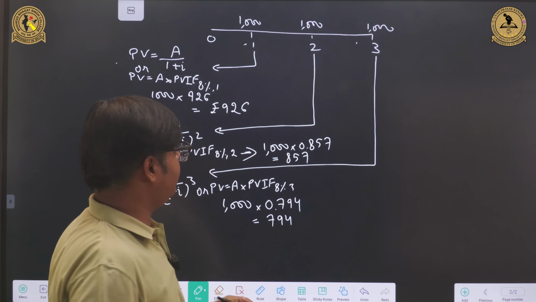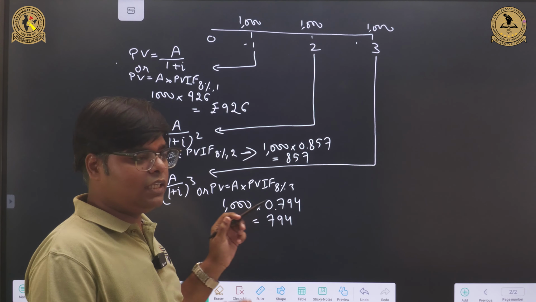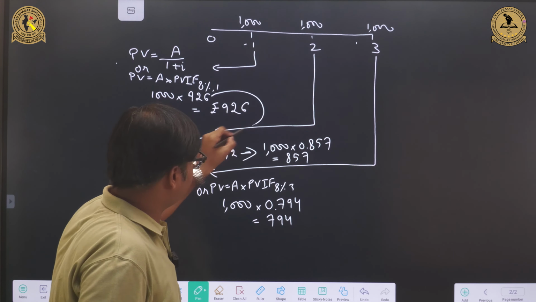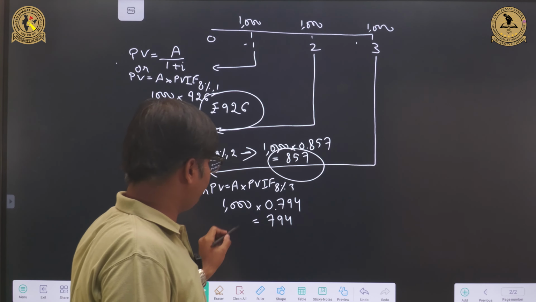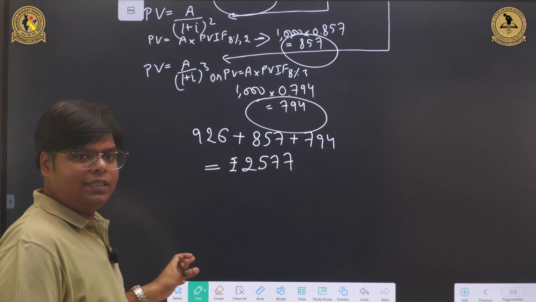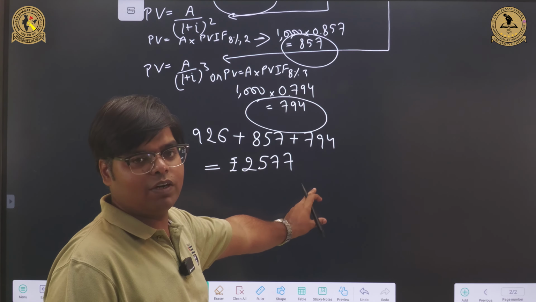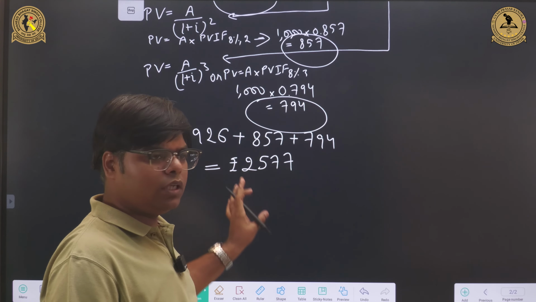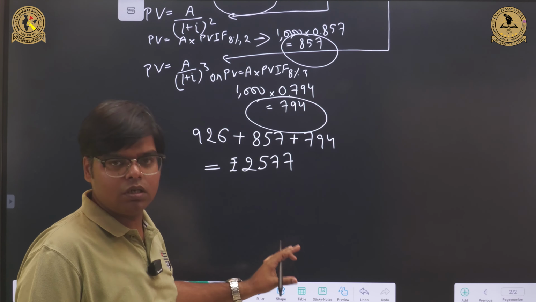So in this case, in order to make these withdrawals possible, I need to invest 926 rupees plus 857 rupees plus 794. So in order to make this withdrawal possible, I must deposit 2577. So in case of unequal cash flows, we will follow the same procedure.